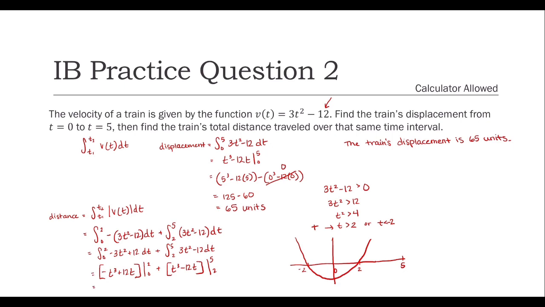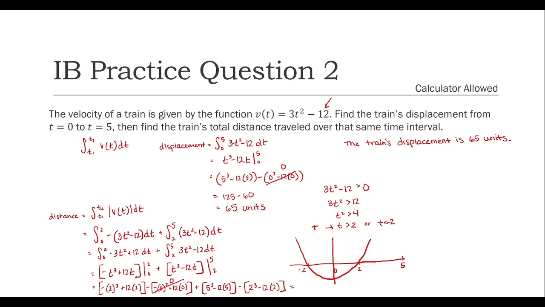So this will equal negative 2 cubed plus 12 times 2 minus negative 0 cubed plus 12 times 0, which all equals 0, plus 5 cubed minus 12 times 5 minus 2 cubed minus 12 times 2.